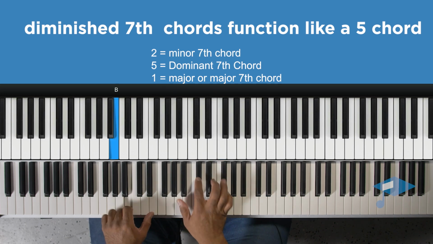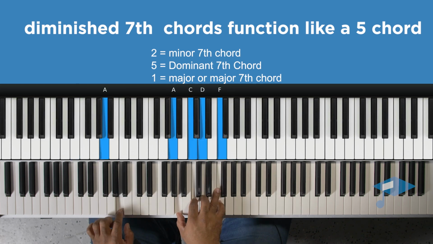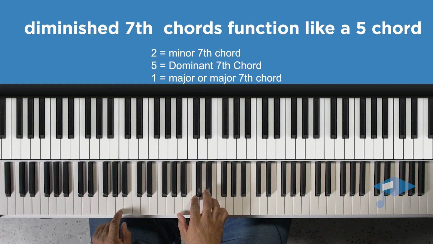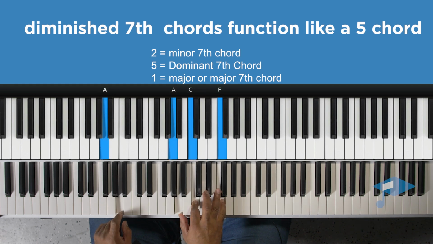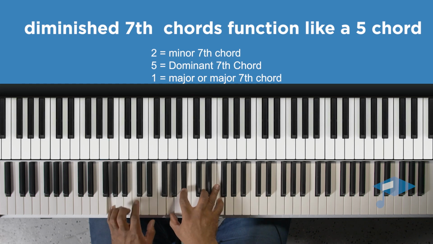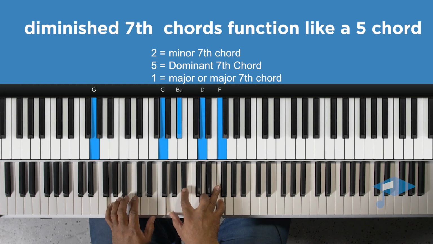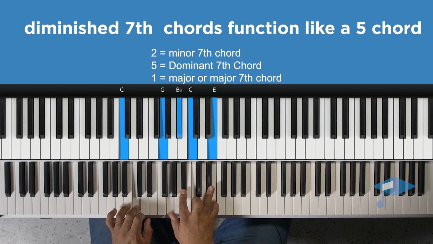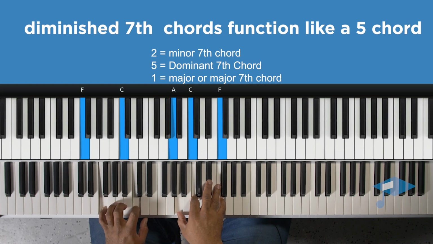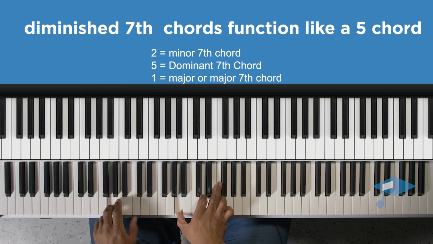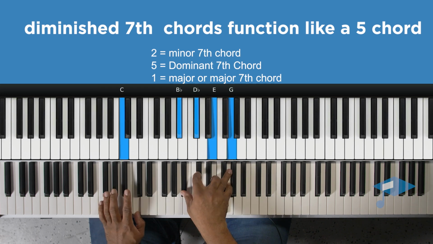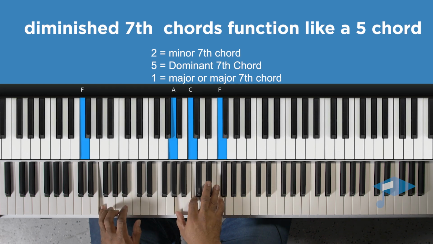So again, 2, 5, 1. It may be a different type of 1, but we can play a 1 like this. And let's say 1, we take the 5. It's not just straight A minor, but you do have your third here. So we came from this 2, 5, 1, to this 2, 5, 1.